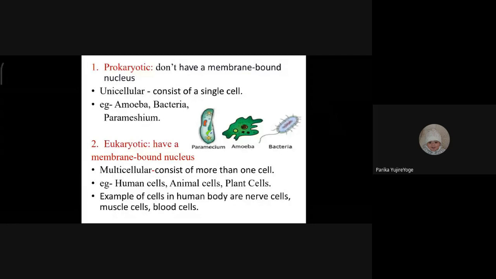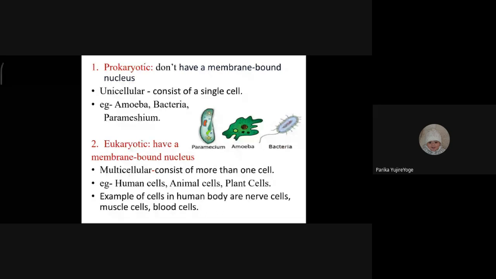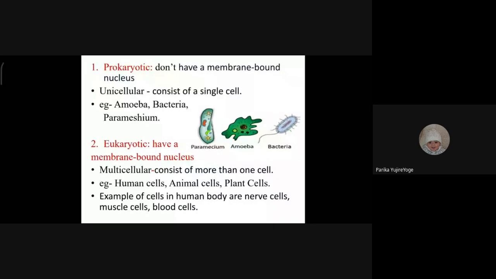This is the main difference between prokaryotic and eukaryotic, and it's very important to remember. From the question point of view, it is very important to remember what is prokaryotic and what is eukaryotic. So now, can any of you answer me the main difference between prokaryotic and eukaryotic?